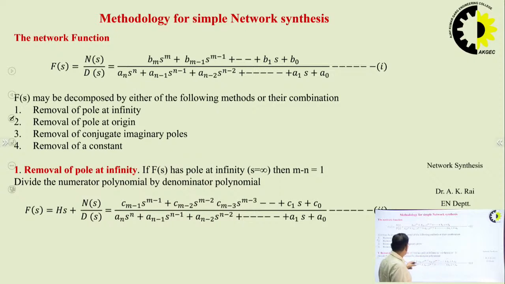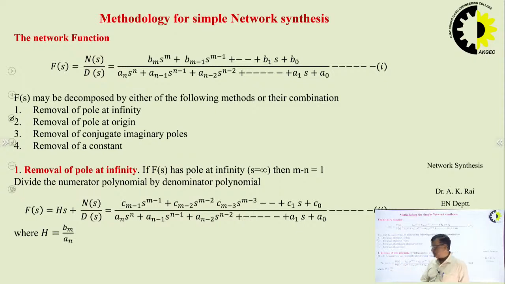Suppose this F(s) is a driving point impedance function. Then Hs should be an inductor. So, if we are removing one pole at infinity, we are getting one inductor if the function is a driving point impedance, and this is the value of the inductor: H is equal to Bm upon An.